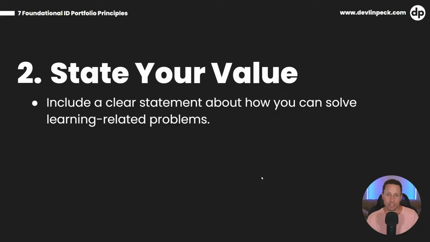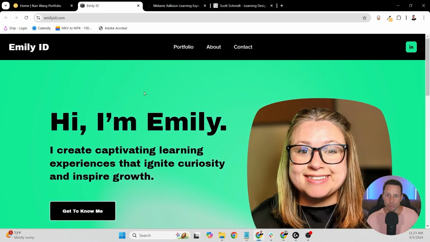Number 2 is state your value. Include a clear statement about how you can solve learning related problems. All right, if we take a look at another boot camper's example, this is Emily, and you can see right here in the top section, she's included this statement: I create captivating learning experiences that ignite curiosity and inspire growth.